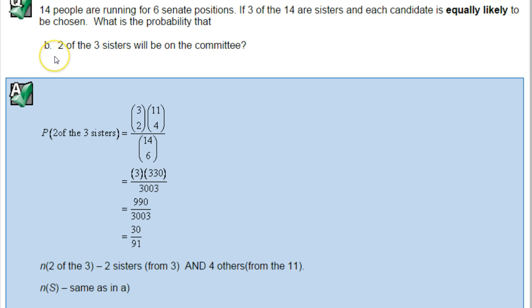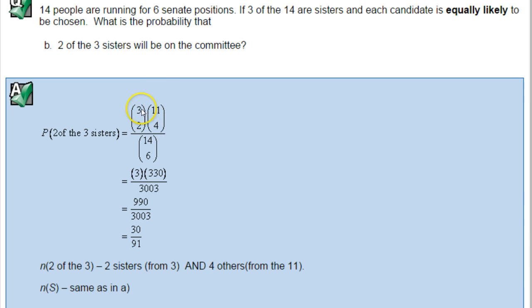Now, what's the probability that only 2 of the 3 sisters will be on the committee? So we change things ever so slightly. The probability that only 2 of the 3 sisters will be on the committee is 3 choose 2. We're choosing 2 of the 3 sisters. Now we have to remember that the 3rd sister will be eliminated from contention, which means that we still only have 11 other people that we're choosing from, and we're choosing 4 positions in this case.